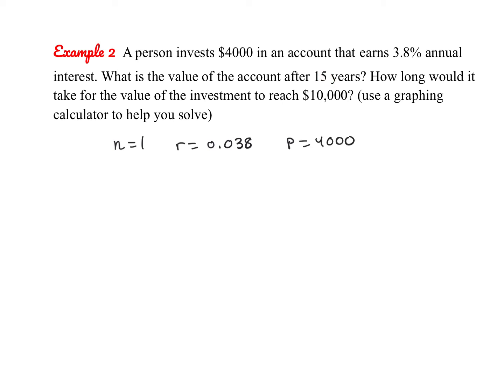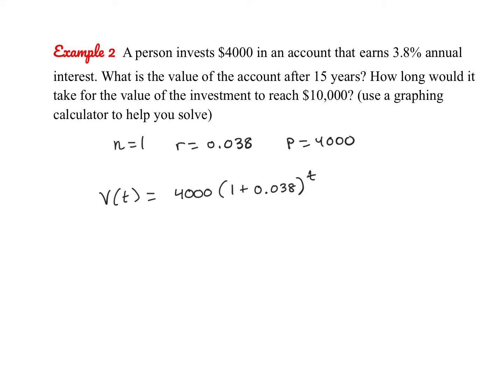But just to set up the model, it would be 4,000 times 1 plus, well, since it's just R over N, which is 1, it looks like this. And since it's the power of NT, but again, N is 1, it just looks like this. And you could add the 1 and the 0.038, of course, to make it a little bit simpler.